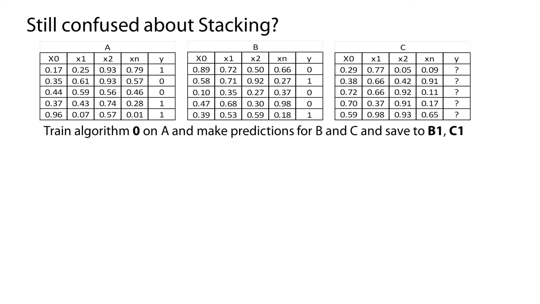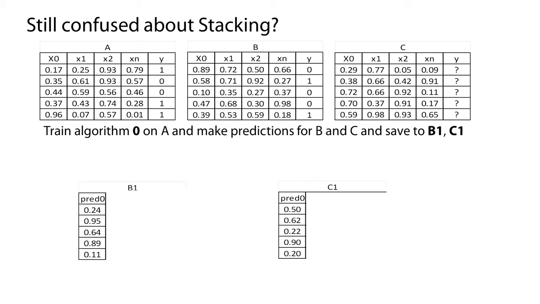We want to predict it. So how are we going to use stacked generalization to predict this y column in C? What we're going to do first is train an algorithm on A, and make predictions for B and C.